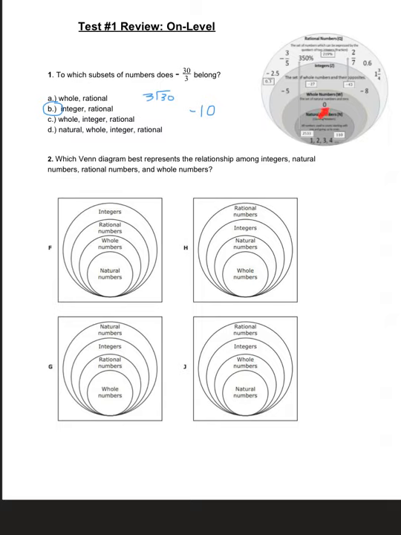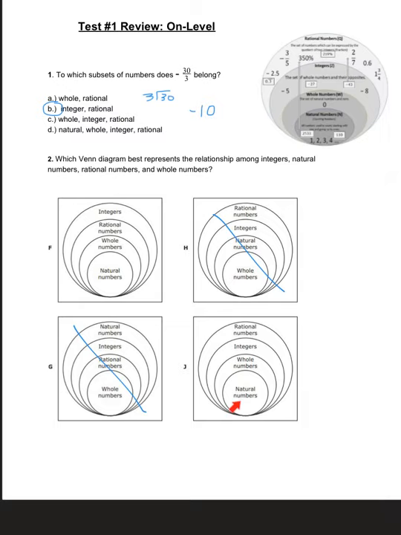So it goes natural numbers in the very inside, whole numbers, integers, rational. So looking at these pictures, we want natural numbers to be the innermost shape. So that one's natural, so that might be the answer. This one says whole numbers in the middle, that's no good. This one says whole numbers also, so we don't want that one. And then the last answer choice starts with natural.